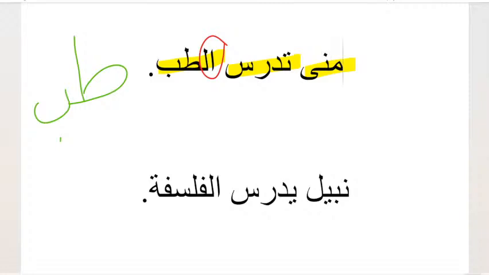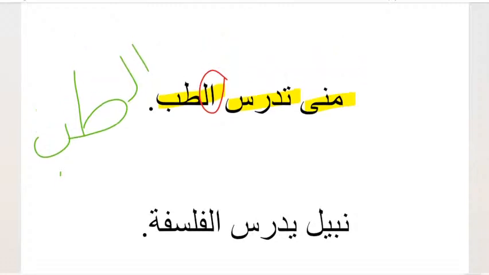You can write it more beautifully if you're using pen and paper, or if you're using any other device where you can use a stylus or something. So طب is medicine. الطب is the medicine. Okay, so try to write the sentence yourself.